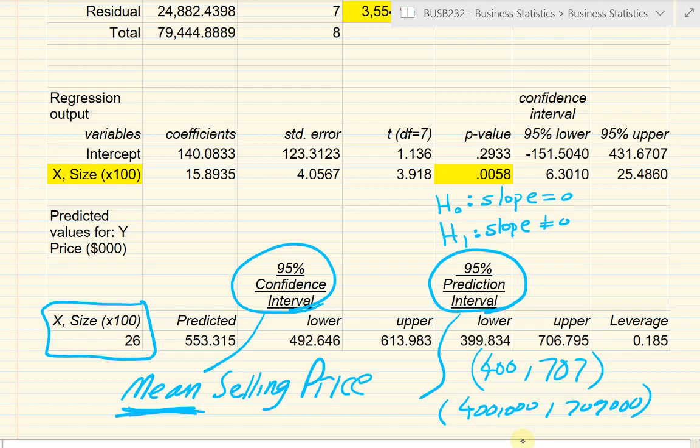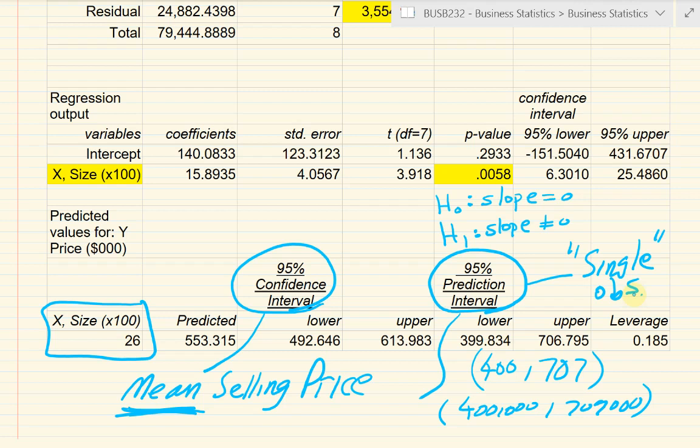See that? So prediction interval is constructed for a single observation, whereas confidence interval is constructed for the average selling price. Okay, so that's the key difference between them.